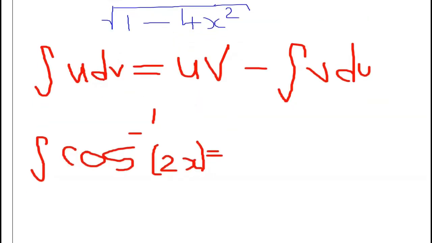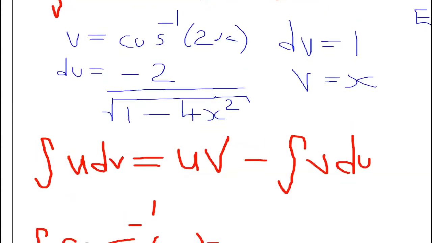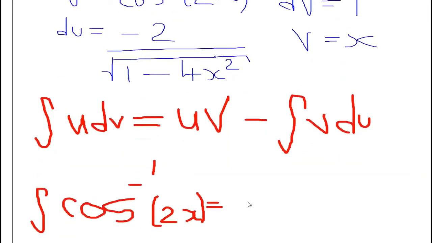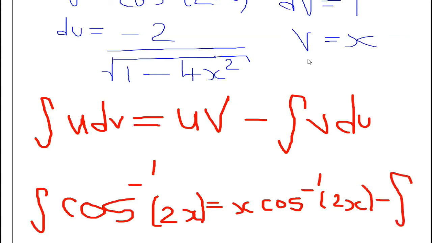The integral of cos inverse 2x is equal to uv, and going back up, our u was cos inverse 2x and our v is x. So it's x cos inverse 2x minus the integral of v du, v times du.